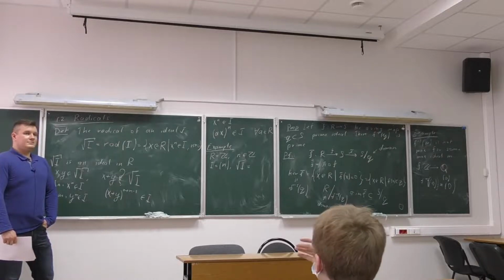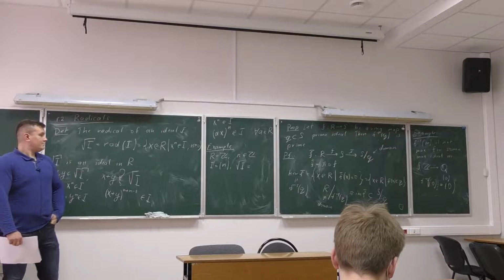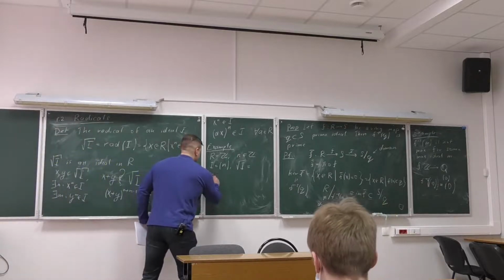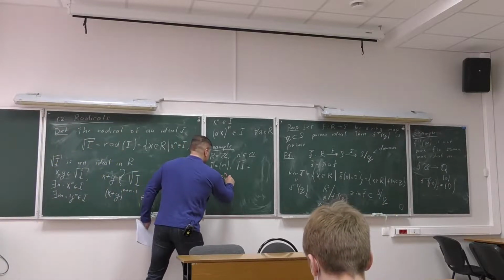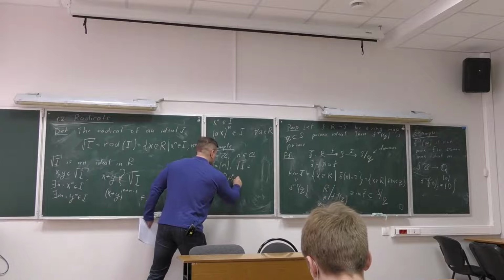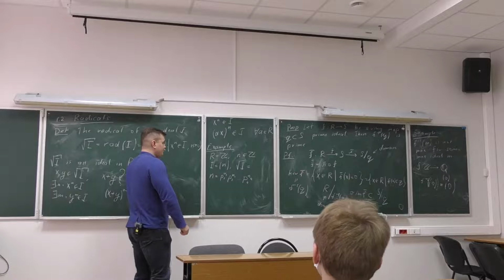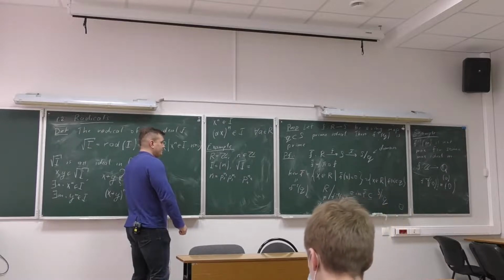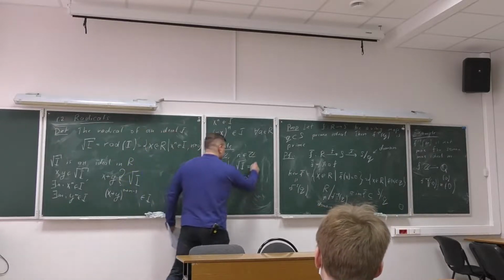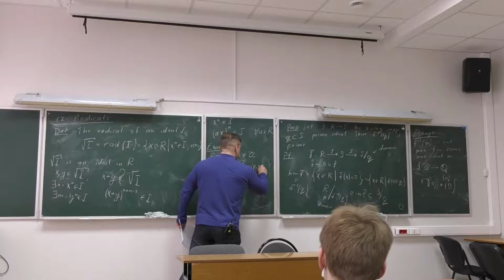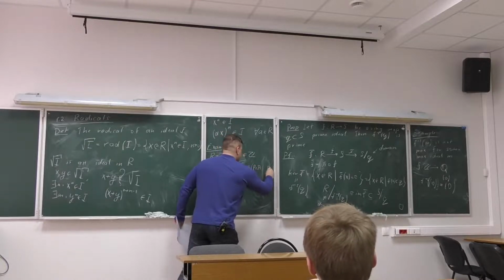We have n equals some product of primes. The radical is the ideal generated by the product of the distinct primes dividing n. Yeah, that's exactly right.